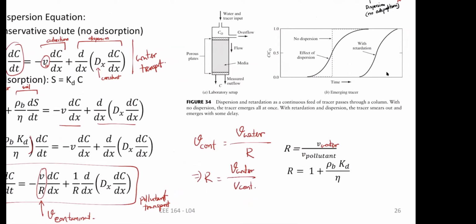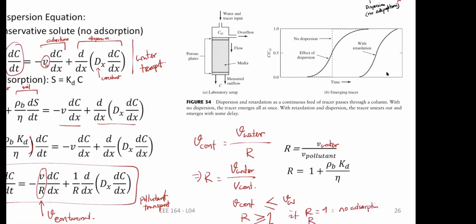And always the velocity of contaminants will be either less than or equal to the velocity of water. It will never exceed the velocity of the water. That means the R value is always going to be greater than or equal to 1. If R equals 1, that means there is no adsorption, or it's conservative.